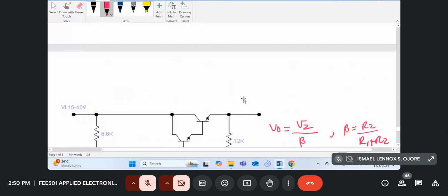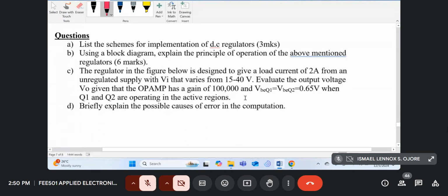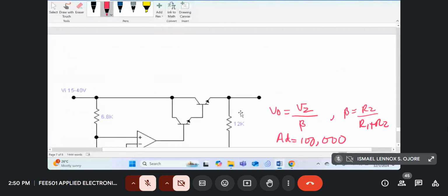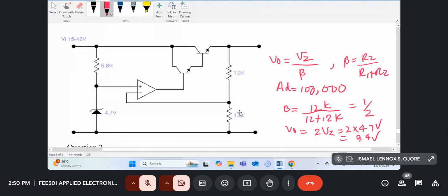Now let's do this other part, which I'm sure most people who just cram might not be able to get. Briefly explain possible causes of error in this computation. What are the possible causes of error in this computation? Error number 1 is the tolerances of the resistors.